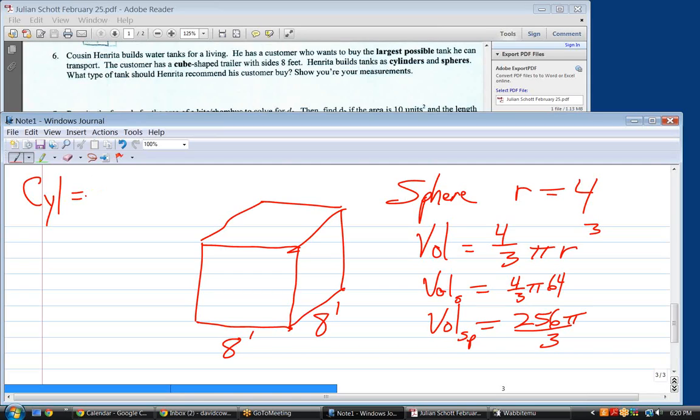The area of the base for a cylinder is pi r squared times its height. Now, for a cylinder, what is r going to be? In other words, I'm going to put a cylindrical base. I can build the cylinder like that. So what is this distance from here to there?